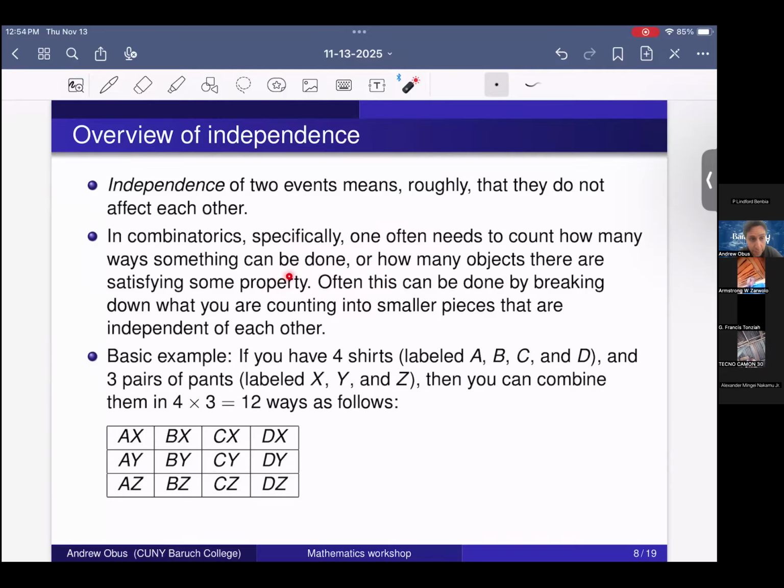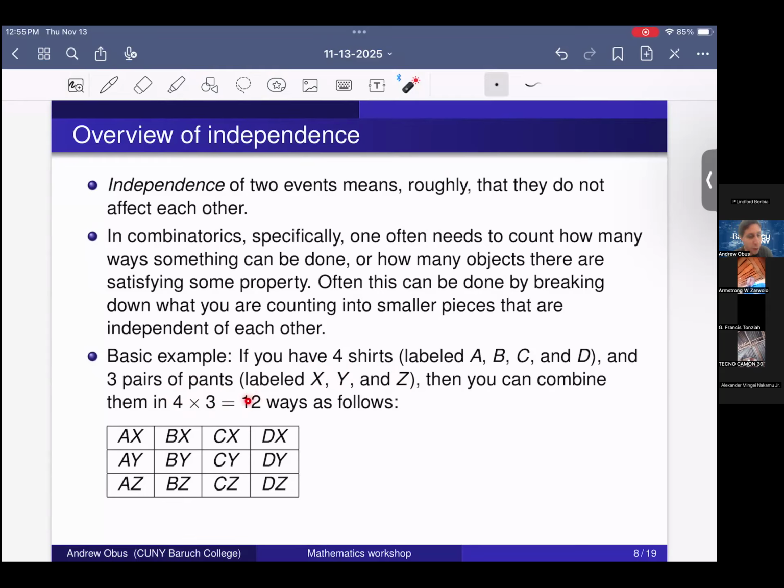So the most basic example of this is that if you have four shirts, and we're going to call them A, B, C, and D, and three pairs of pants, and we're going to call them X, Y, and Z, then how many ways can you choose a shirt and a pair of pants? The answer is, well, you've got four choices for the shirts and three choices for the pants, and the number of ways that you can combine them is always the product.